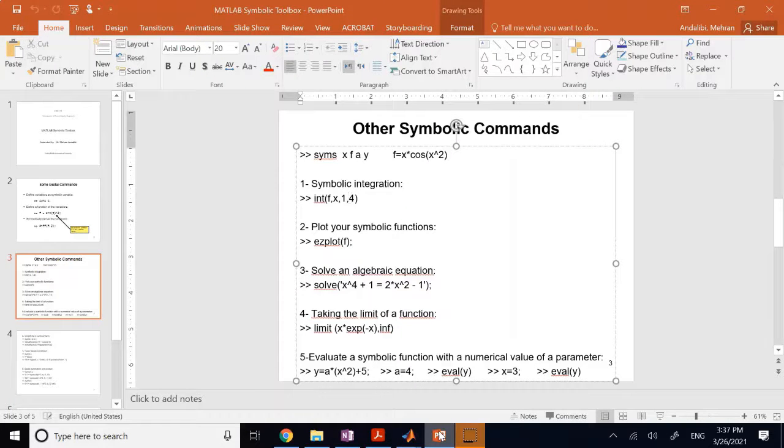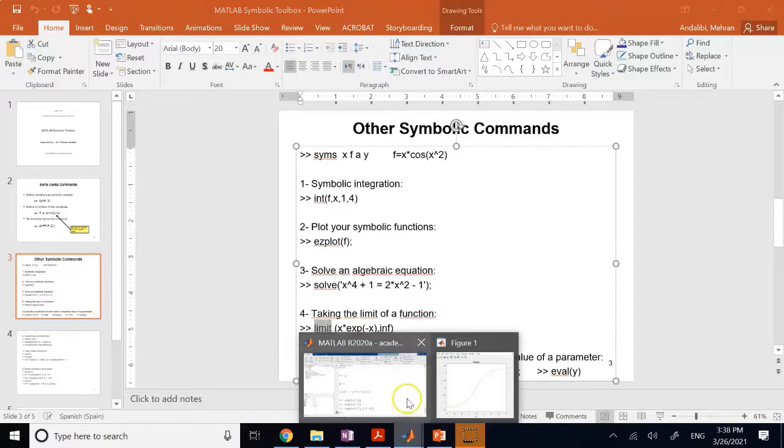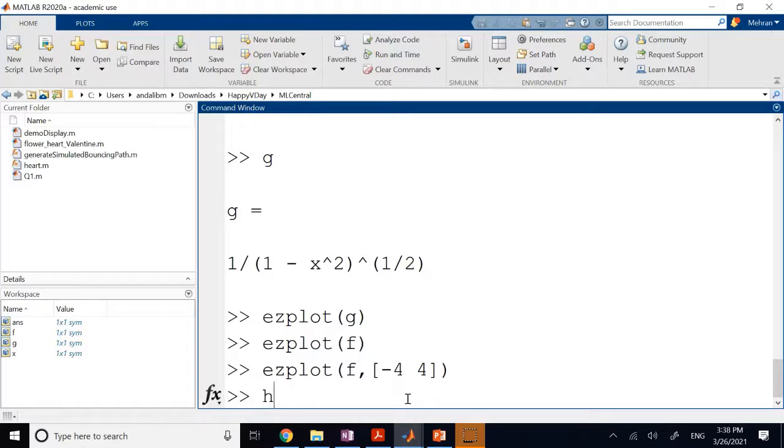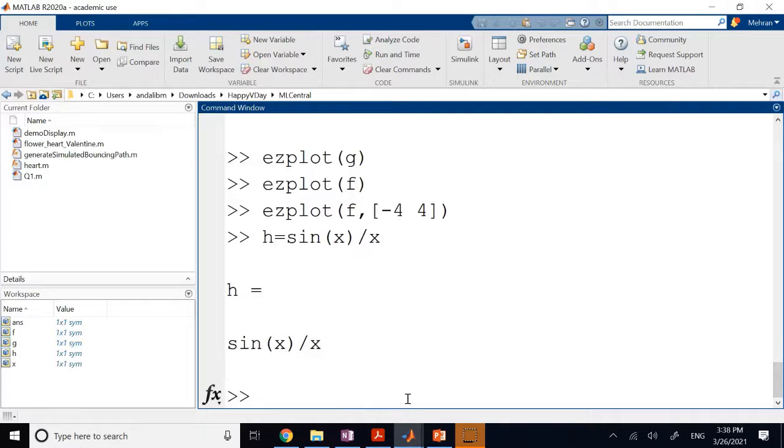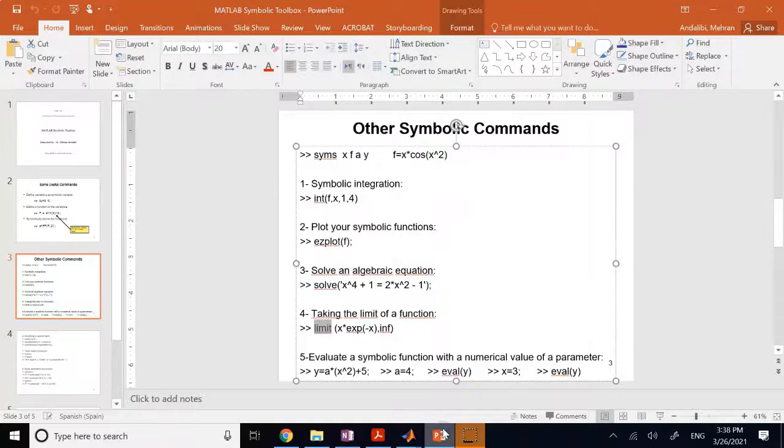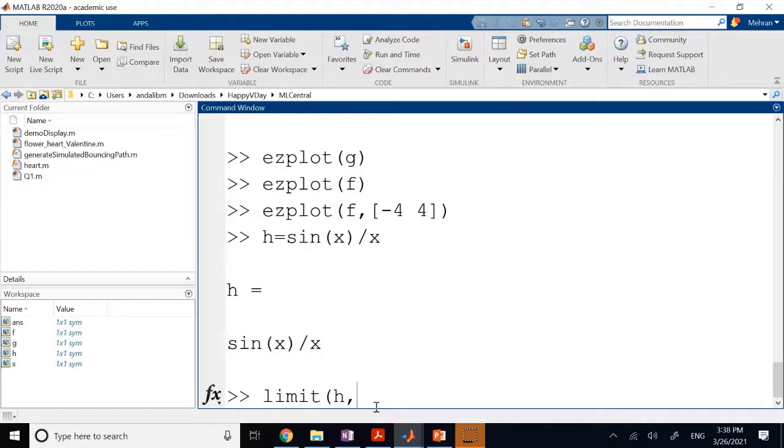We have a bunch of other things. One, limits. Really? Yeah. You can do all of the limits in calc here. The simple command is called limit. That's all it is. Let's say, for example, we say h is equal to sine of x over x. Right? This function. What is the limit of h as x goes to 0?